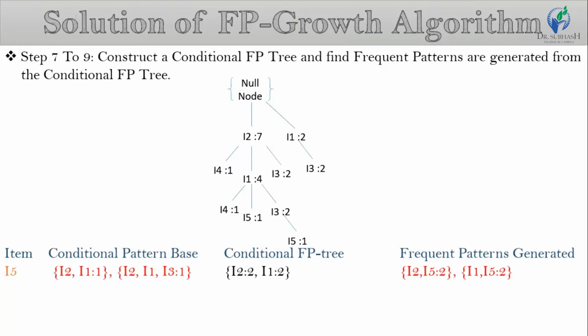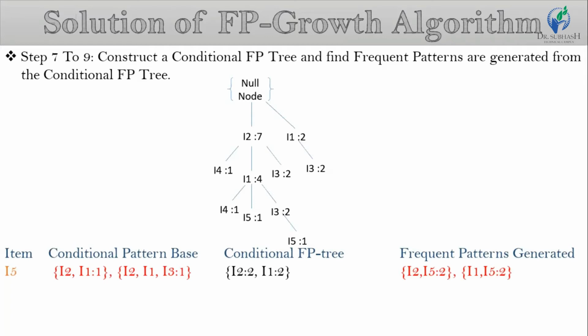Its conditional FP tree contains only a single path, I2 count 2 and I1 count 2. I3 is not included because its support count of 1 is less than the minimum support count.